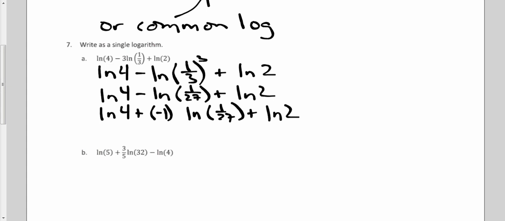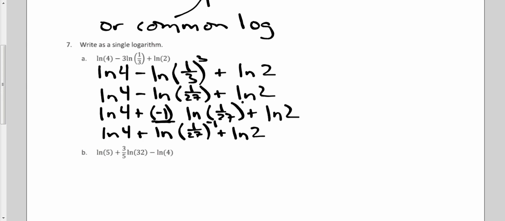Oh, and now I can do the power property again, bringing this up here. So this is natural log of 4 plus natural log of 1/27 to the -1 power plus natural log of 2.